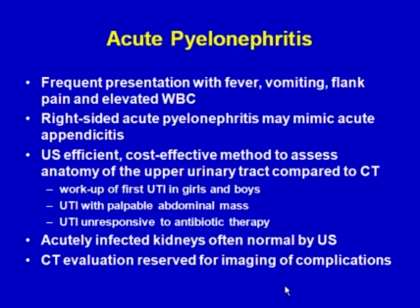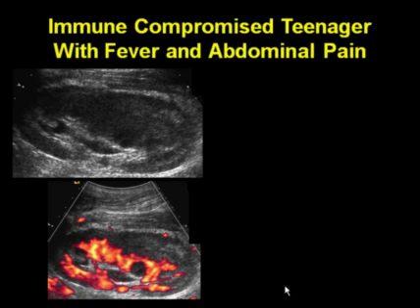That being said, it's important to be aware that acutely infected kidneys are often normal sonographically, and we generally reserve CT evaluation for the imaging of complications, so patients who don't respond to antibiotic therapy or develop other complications that require imaging evaluation.